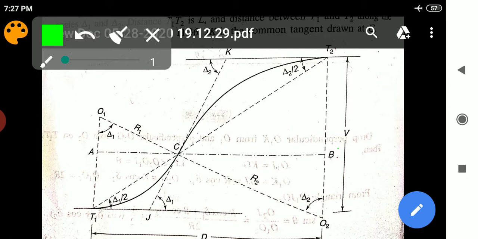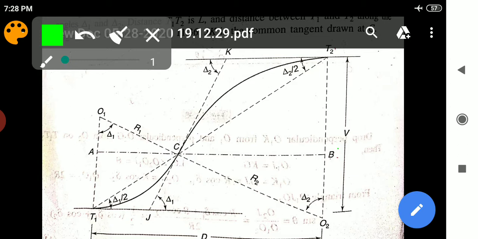Second reason is the sudden change of curvature and direction reduces the life of the vehicle and gives discomfort to the passenger. And third reason is on highways steering becomes uncomfortable. Okay. Fourth reason is it is not possible to provide a proper super elevation at the point of reverse curvature.